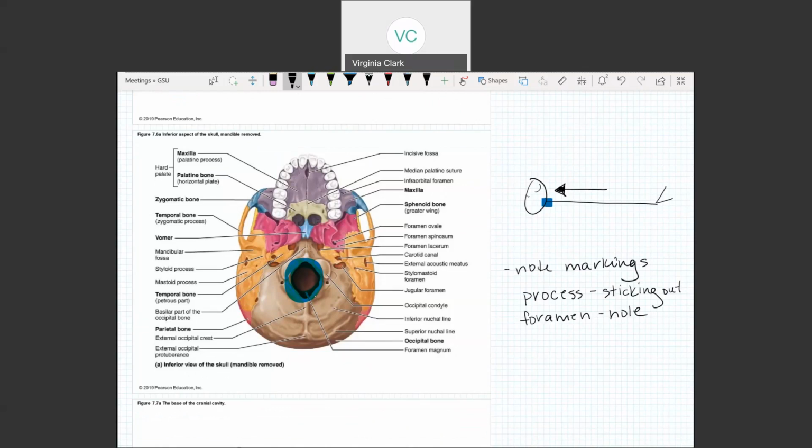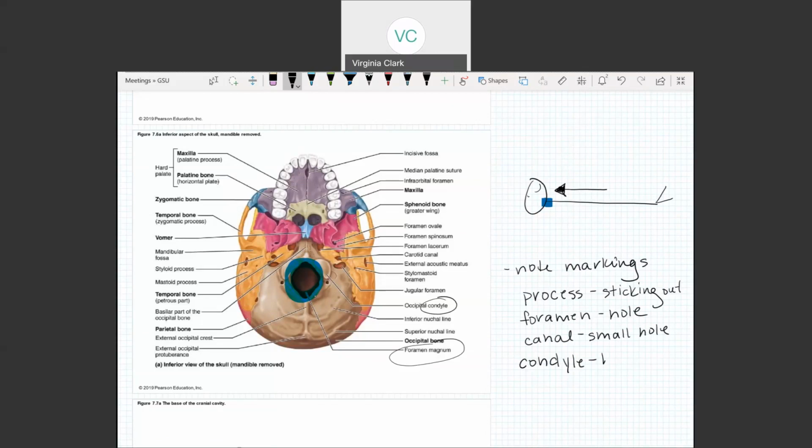You'll notice this guy right here is the foramen magnum. Foramen is essentially going to be a hole. If you see a canal, it is going to be a smaller hole that may not go all the way through the bone. And if you see a condyle, like this right here, it's going to be a bump.